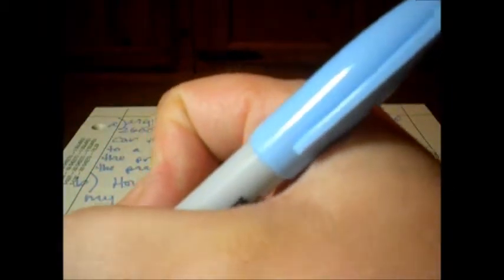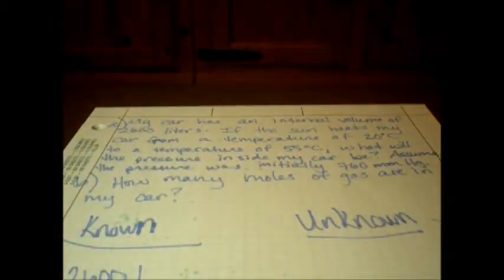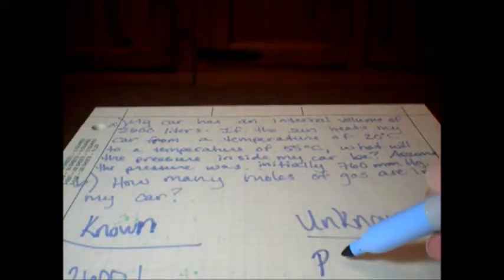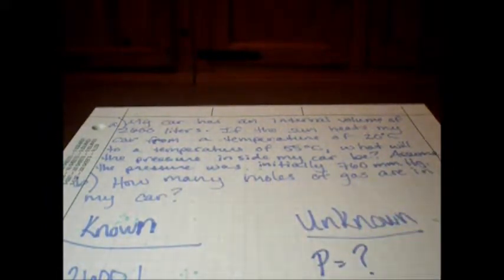We know that our final temperature, T2, is 55 degrees Celsius. And we're looking for pressure. We're looking for second pressure, knowing that our first pressure, initial pressure, is 760 millimeters of mercury.